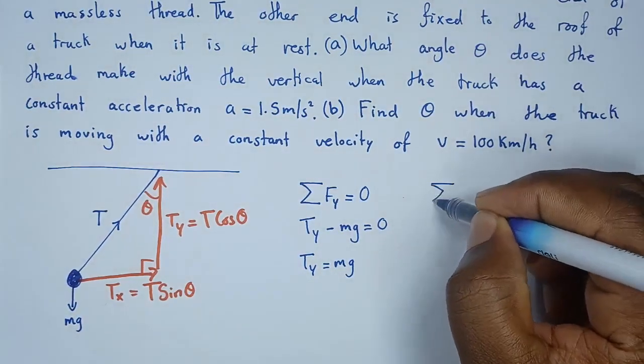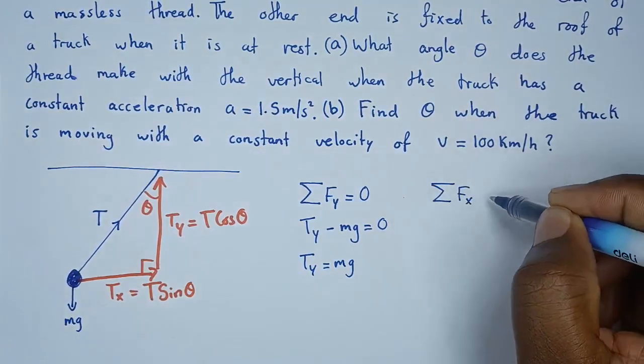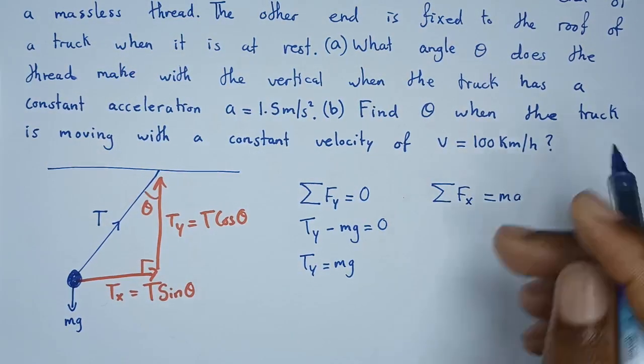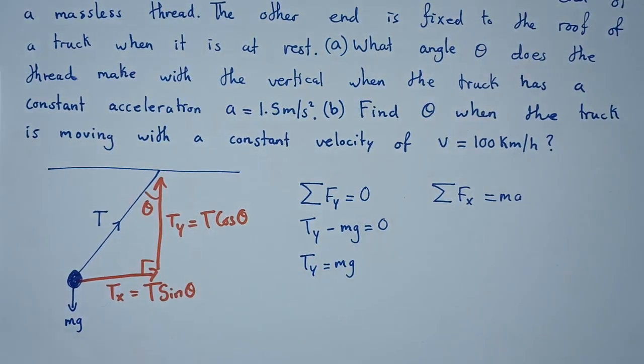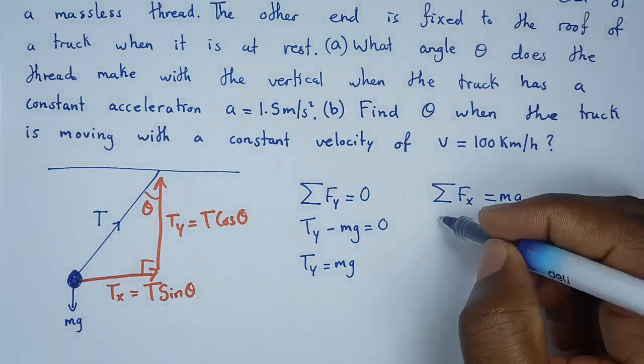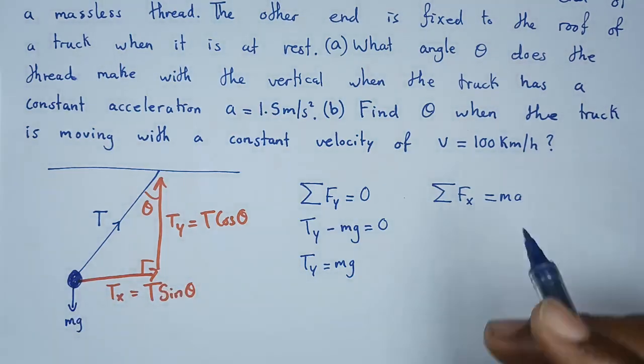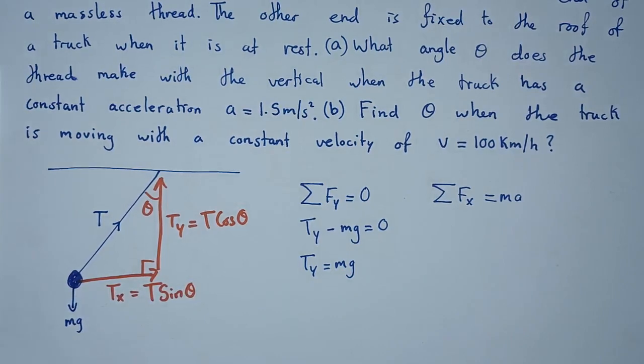Then from there, we're going to sum the forces in the x. This is equal to mass times acceleration, because the motion is in the x. In the x-axis, we just have one force, pointing to the right. Hence, Tx is equal to ma.